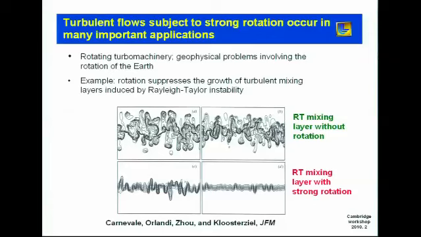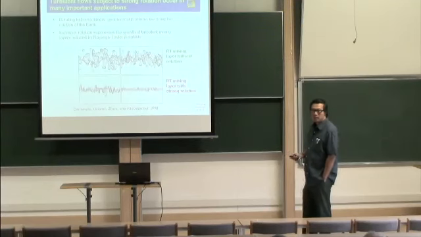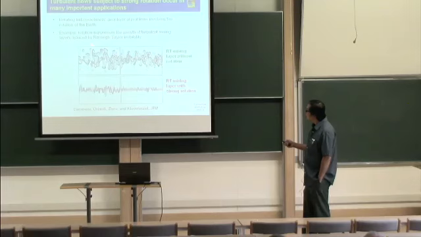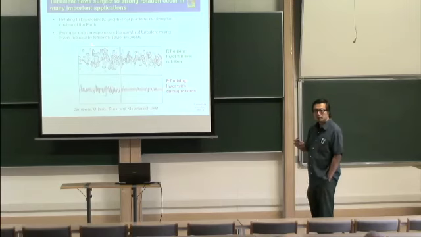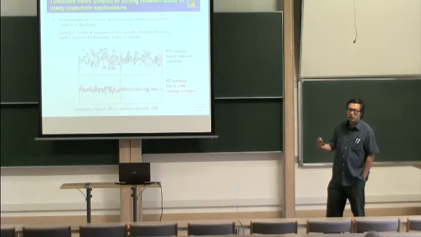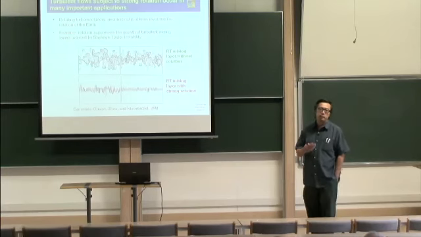There are many different interesting examples, but because I'm here in Cambridge, I want to mention one particular application, the so-called Rayleigh-Taylor instability. That is also very important, in particular in some of the work going on at Lawrence Livermore National Lab.